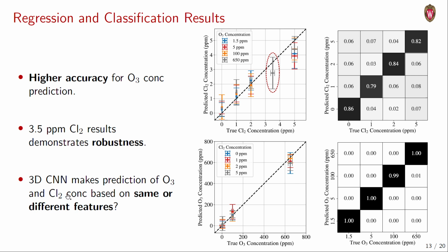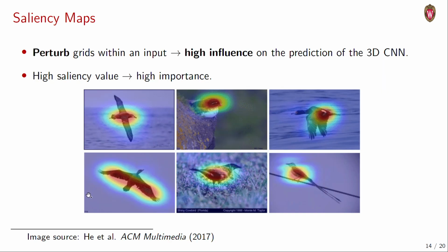Although the 3D CNN makes a good prediction, we want to know what the 3D CNN learns from numerous video data, or is the prediction of ozone and chlorine based on the same or different hidden features? We use the CDC map to learn what are the important things in the data.